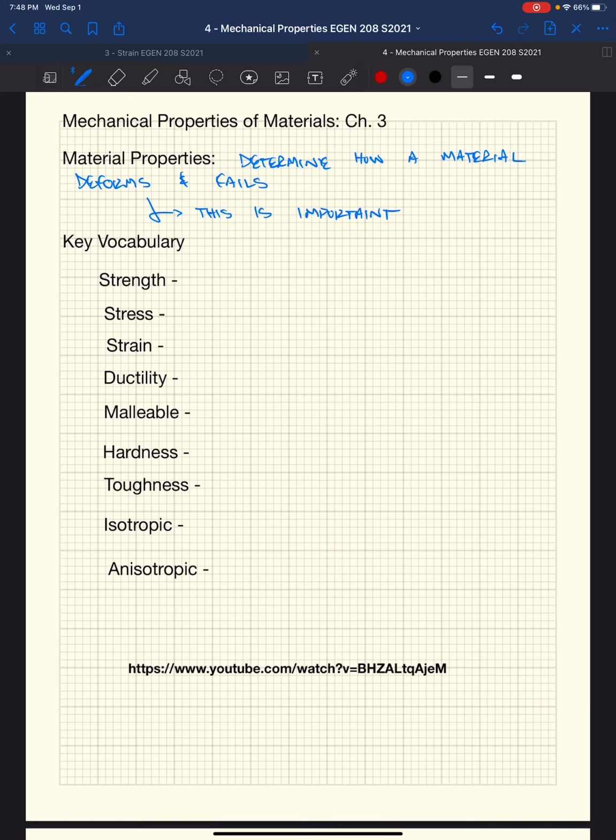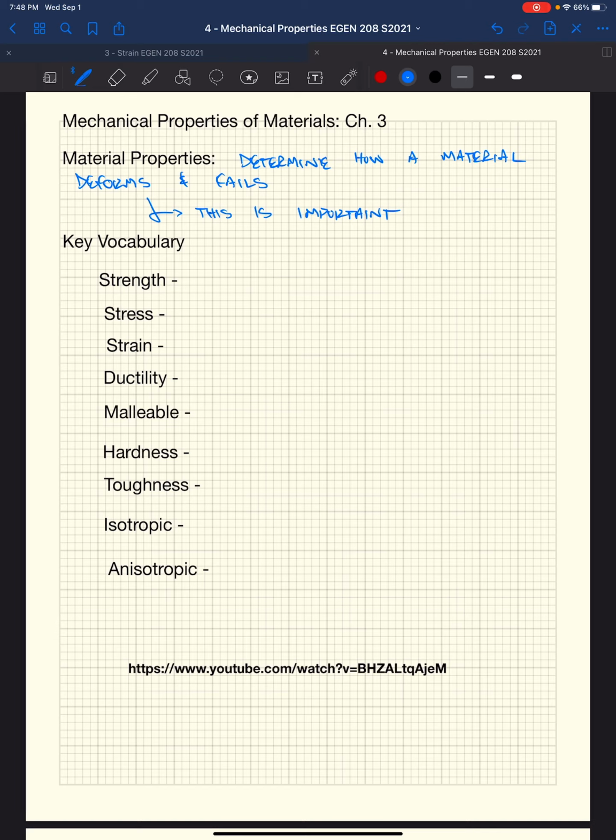Without knowing material properties, we'd have no sense of the ability for materials to perform well in their application, deform well, have enough strength, have enough stiffness, all of those things. So material properties are really important in the grand scheme of design.